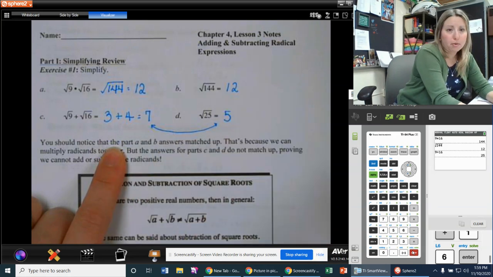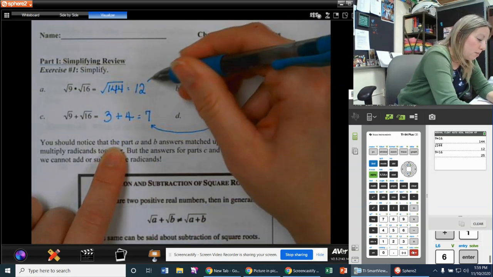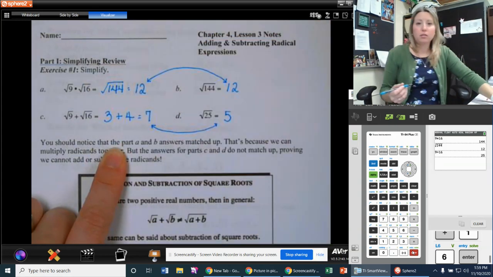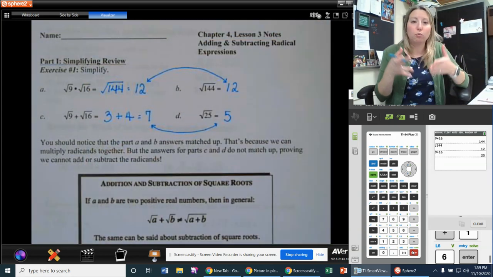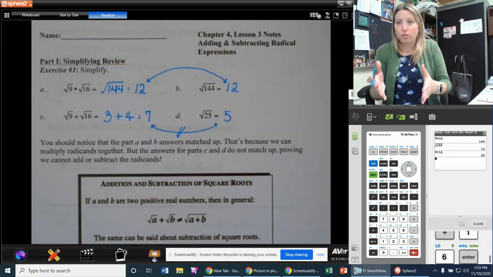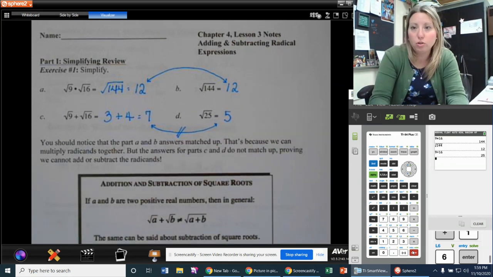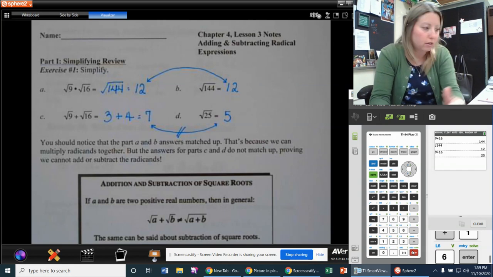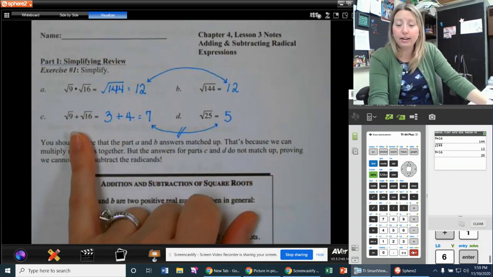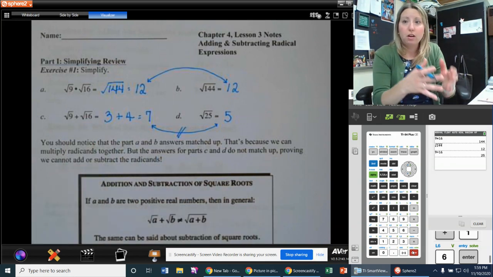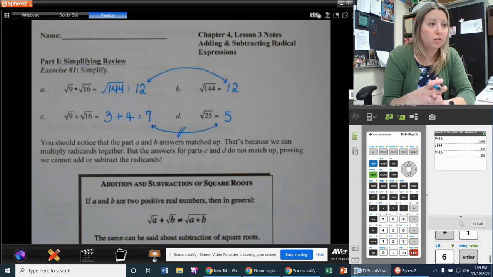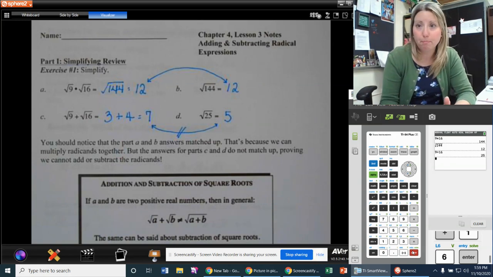These don't match up. Now, these did, because that rule for multiplying worked. Multiplying the radicands together works. It's a thing we're allowed to do, and then we simplify that answer like we were able to do here. You can't just add radicals together. If they're not the same number under the radical, you cannot add or subtract them.